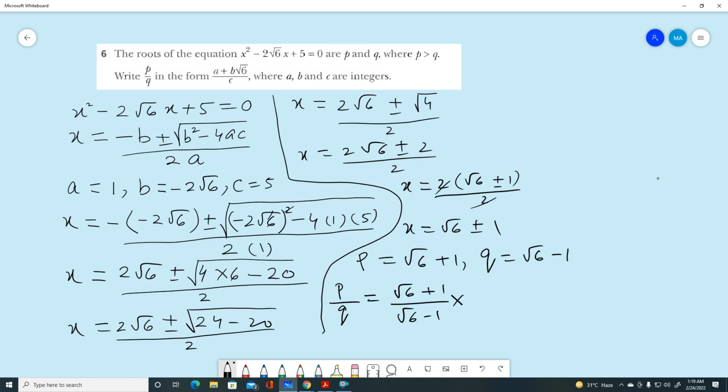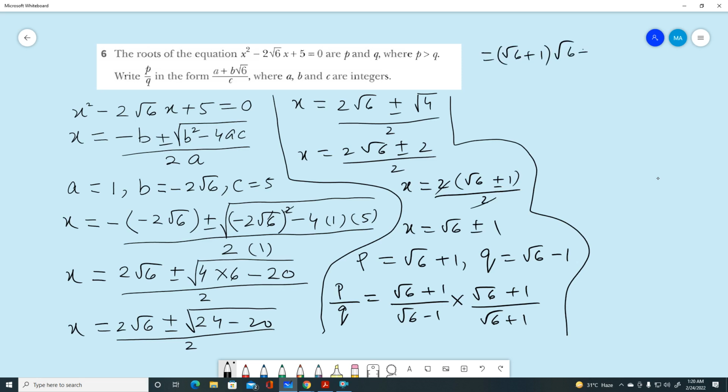Now rationalize it. Root 6 plus 1 upon root 6 minus 1. I am doing the remaining work over here. So root 6 plus 1, numerator multiply by numerator and denominator multiply by denominator: root 6 plus 1 upon root 6 minus 1, root 6 plus 1.